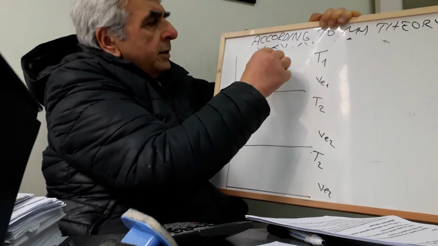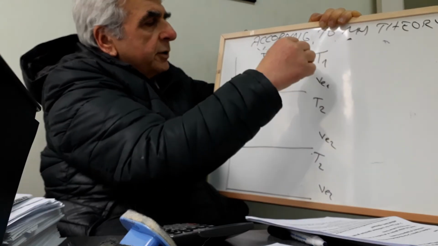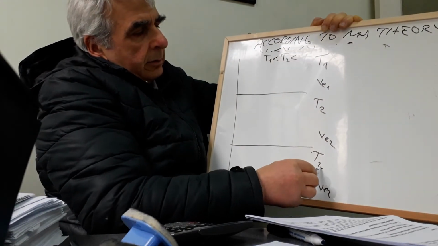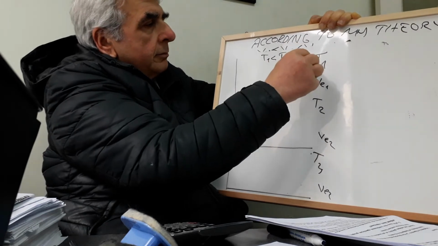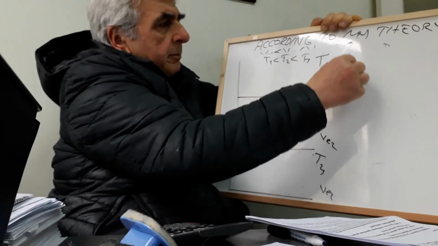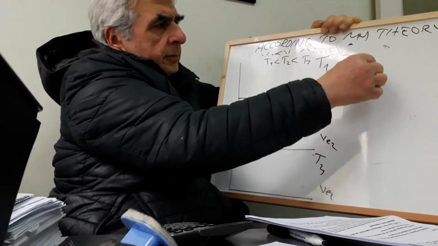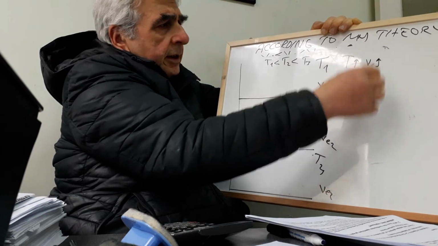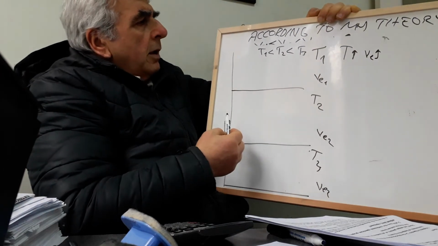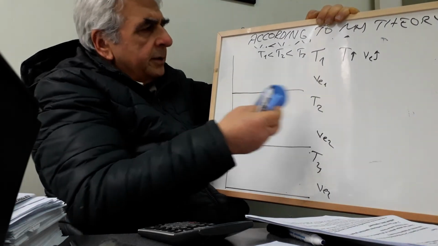Temperature 1 smaller than temperature 2, smaller than temperature 3. Okay, temperature high, electron velocity high at the same rate. We understand that.